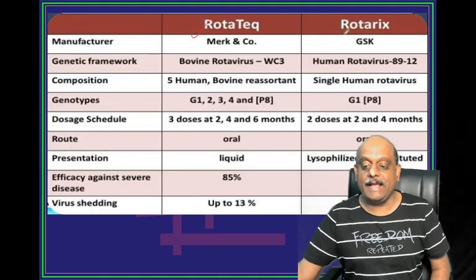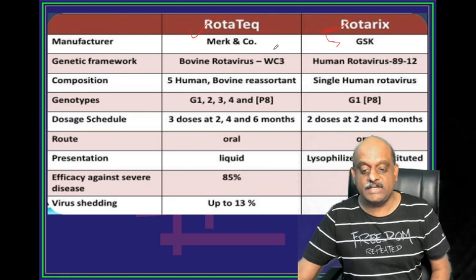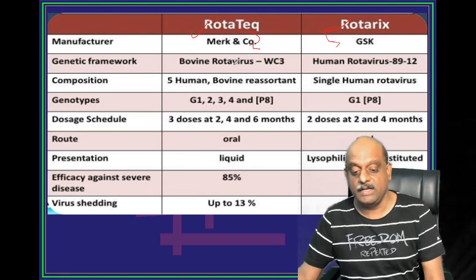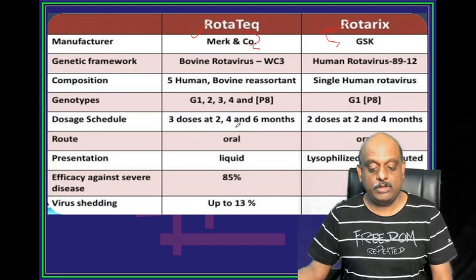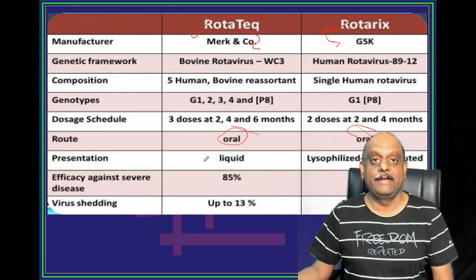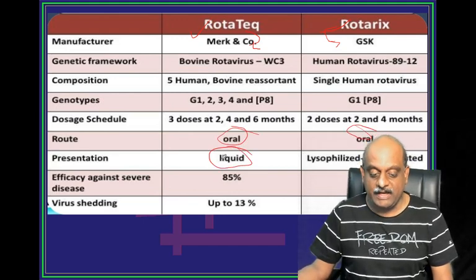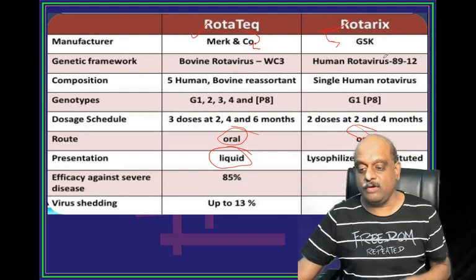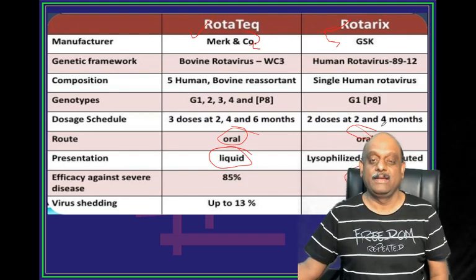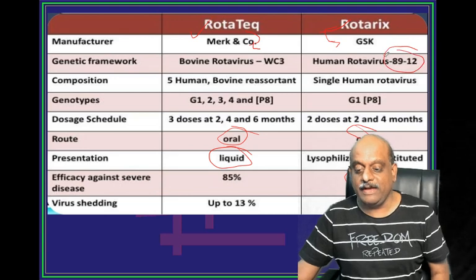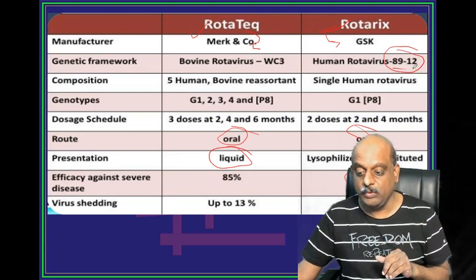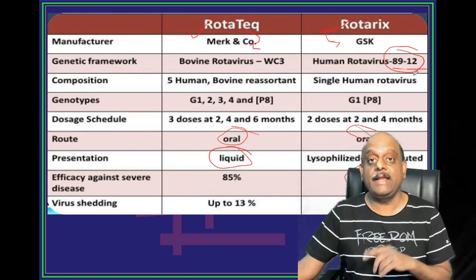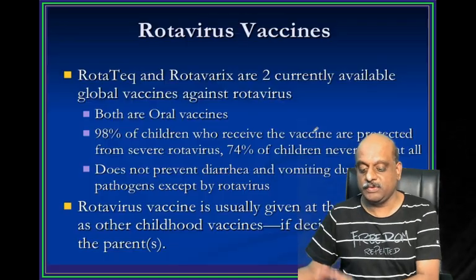So Rotatec, Rotarix. Rotarix is GSK manufactured, Rotatec is Merck manufactured. Now both of them are orally given, and Rotatec is liquid. Efficacy is more for the Rotarix because the human rotavirus 89-12 strain is the one which is used.